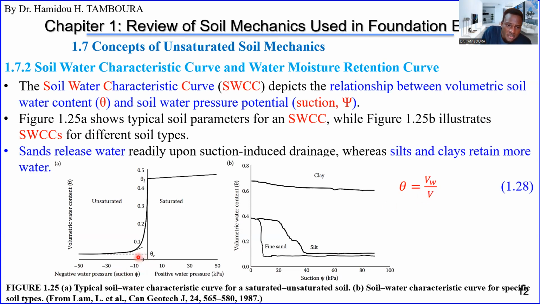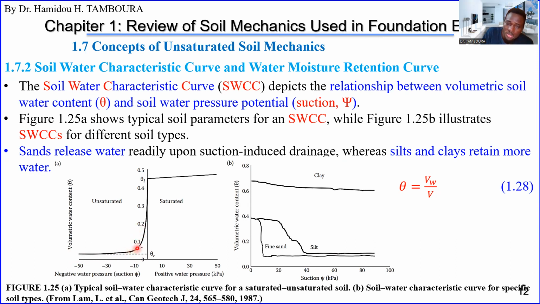And as you can see here, if the ratio is small, it means the volume of water is small, then the value of suction is high. Okay, but the limit of the suction is here. This value, theta R, the residual value, will not go more than that.